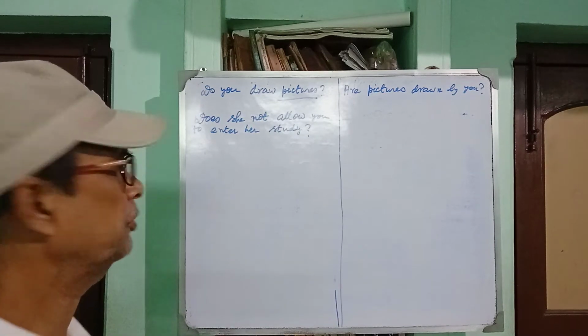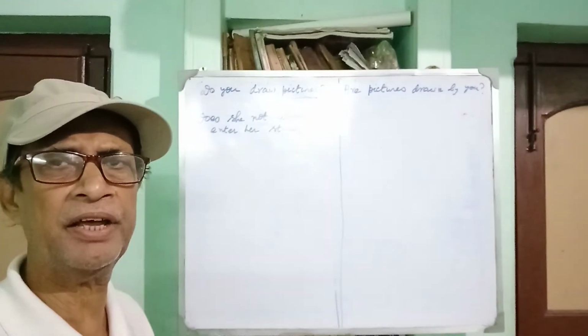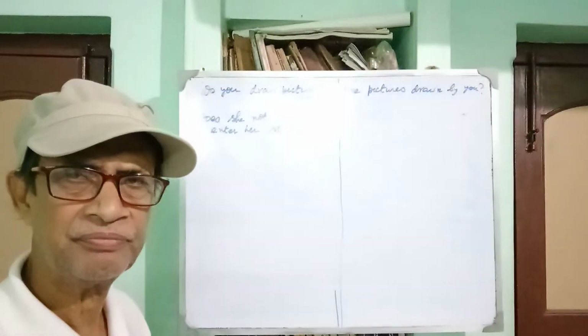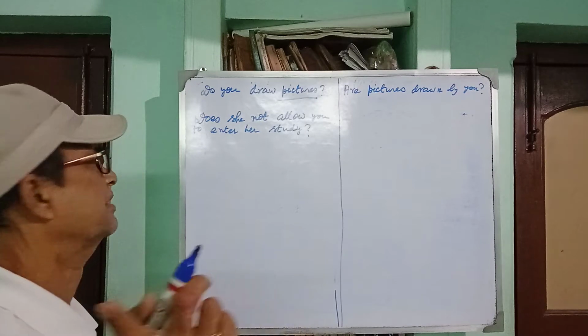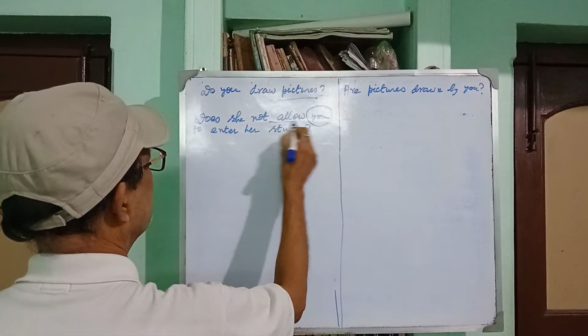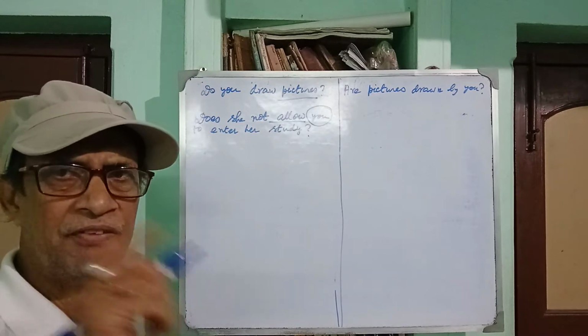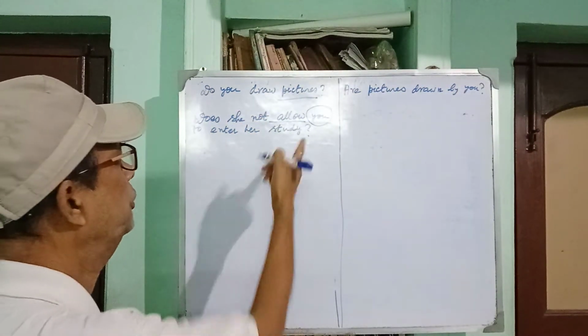Does she not allow you to enter her study? Here you see that you is the object. Ask the finite verb allow by whom? It will give you the answer, you.